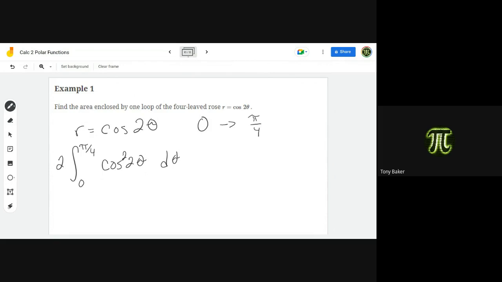So remember, I can't find the integral of cosine squared, right? We have to do what? We have to use one of those special trig rules, the trig identities.